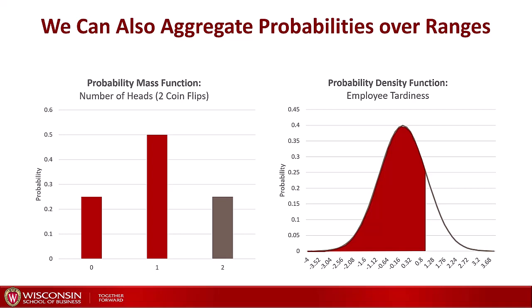From what we see on the graph, most of the area under the curve starts after minus 4, so we are going to integrate between minus 4 and 1. When we take that integral, we find that the probability of an employee being less than 1 minute late is 0.84. So there is an 84% chance that an employee is less than 1 minute late.